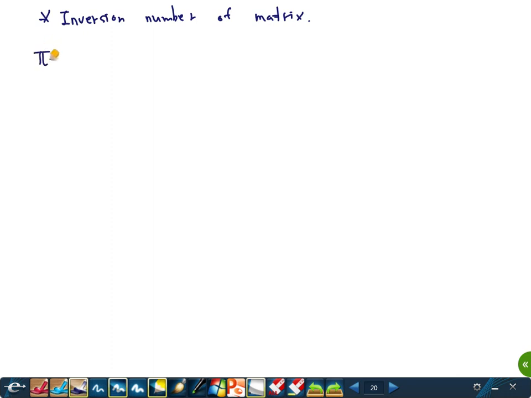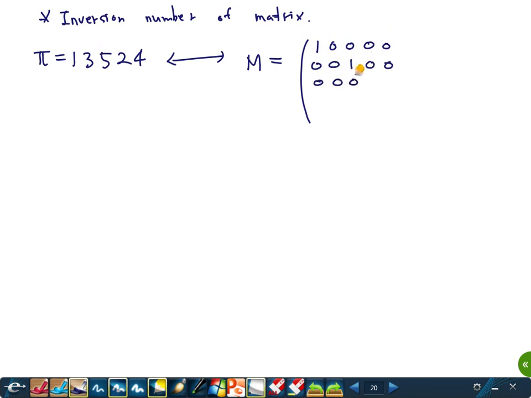So let's say pi is 1, 3, 5, 2, 4, and this corresponds to a permutation matrix, say M. 1 in the first position, third position, fifth position, second position, fourth position. So this is the permutation matrix corresponding to this. So an inversion of this is something like 3, 2. This is an example of an inversion.